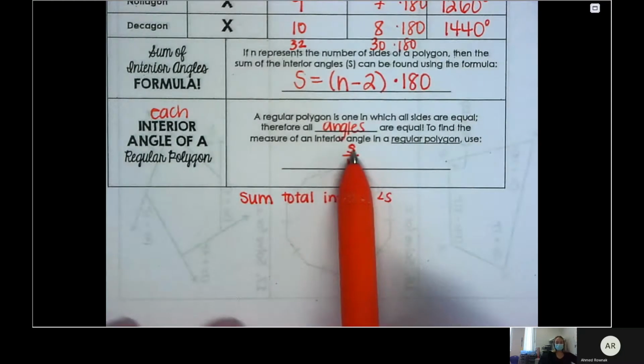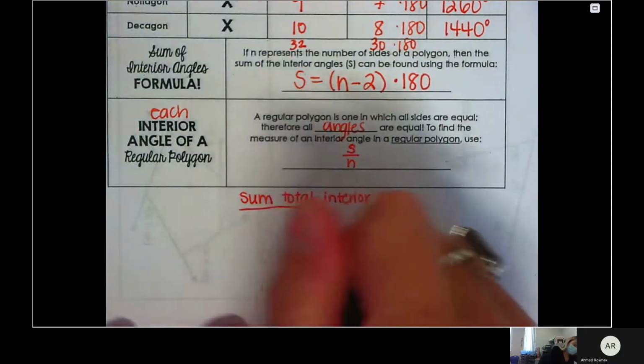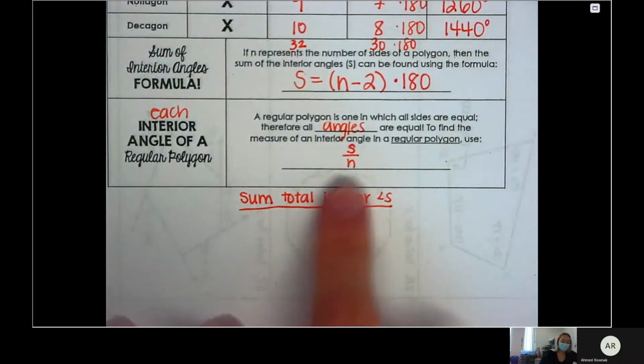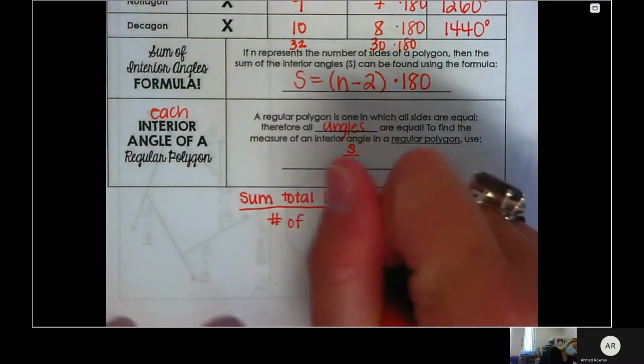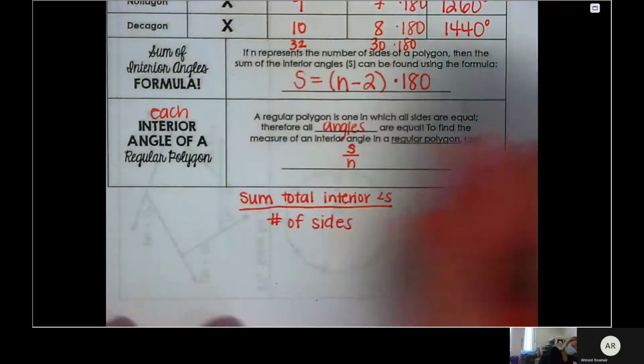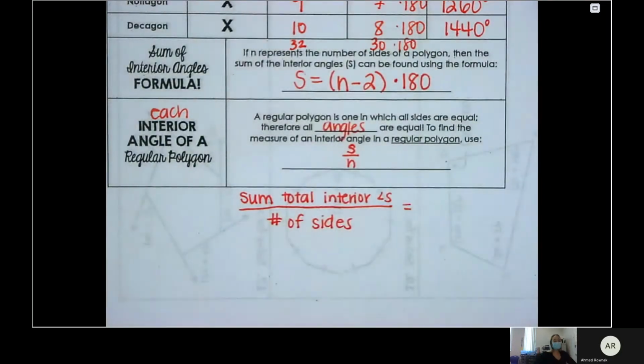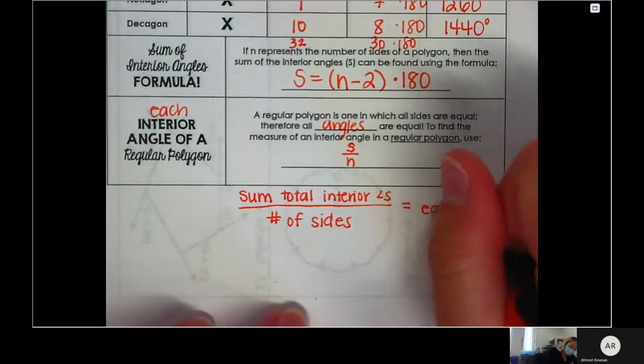That's what S stands for. And we're going to divide that by the N, which stands for number of sides. And that's going to give me the measure of each interior angle.